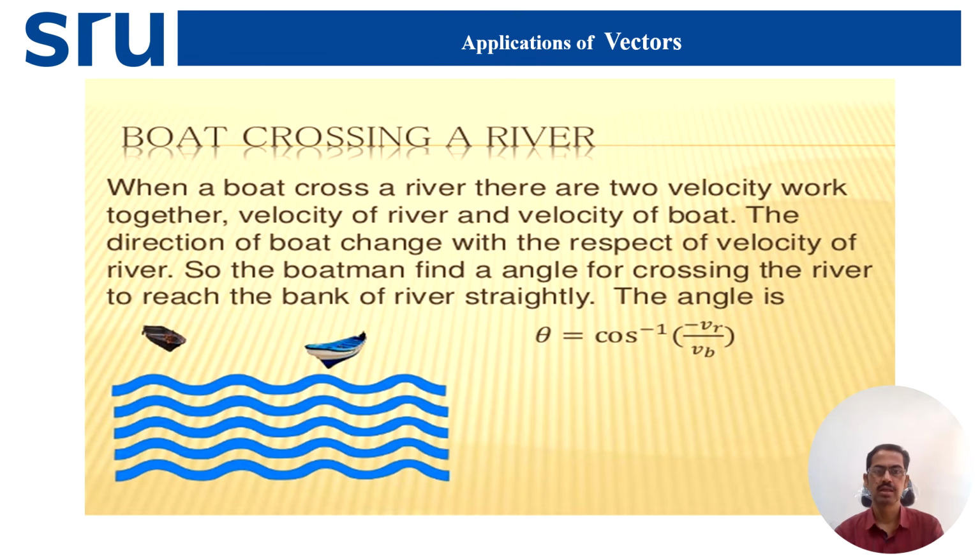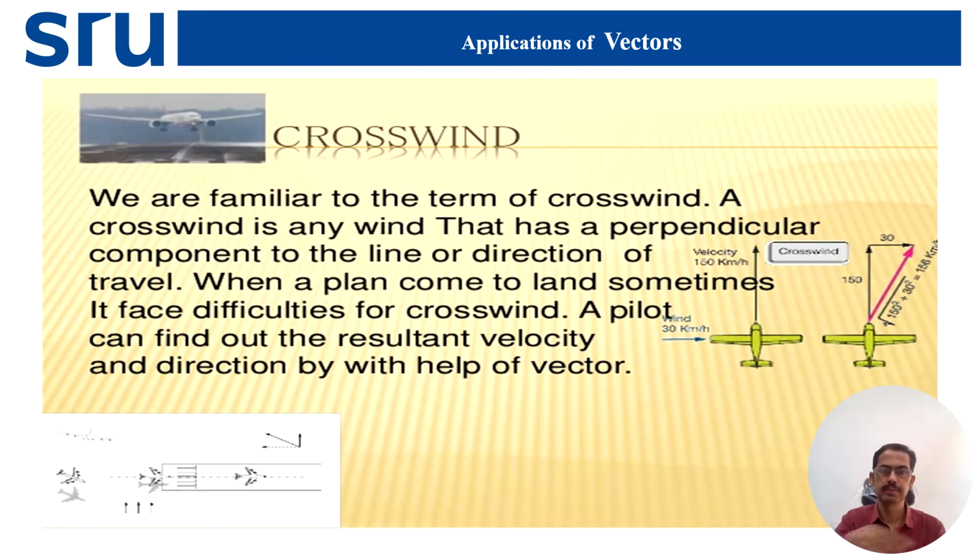This is a vectors example. Right? And next is crosswind. We are familiar with the term crosswind. A crosswind is a wind that has a component perpendicular to the line or direction of travel.